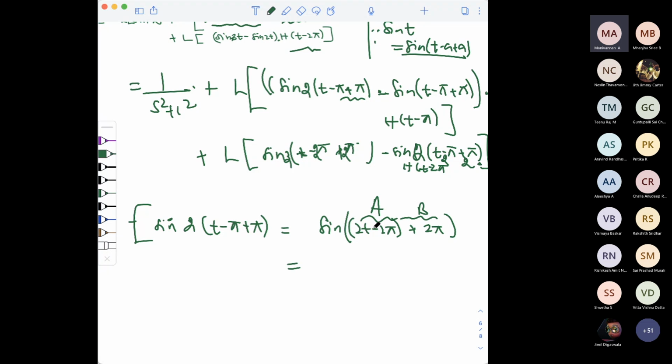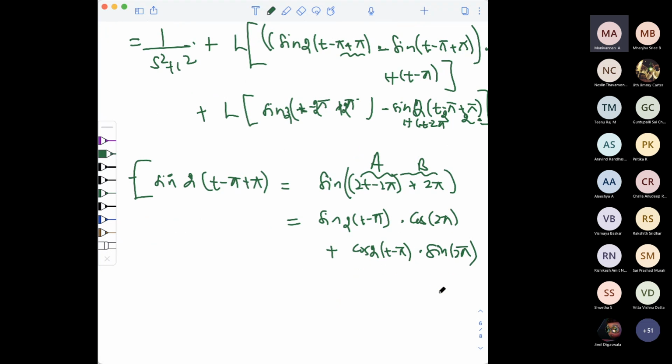Sine of a plus b means sine a cos b plus cos a into sine b. So this term will be 0, and cos 2 pi is 1. So that is sine of 2t minus 2 pi. Is it clear?